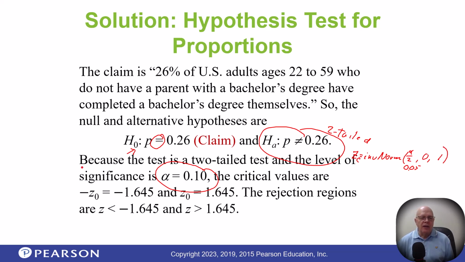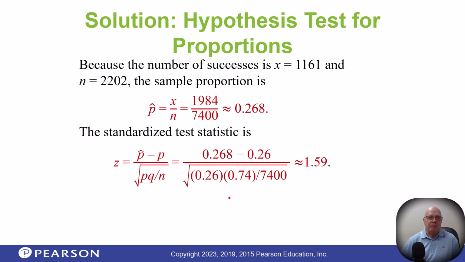And here we get the two critical values are negative 1.645 and positive 1.645. The rejection regions are less than negative 1.645 or greater than 1.645. If our test statistic falls in either of those, we're going to reject the null hypothesis.